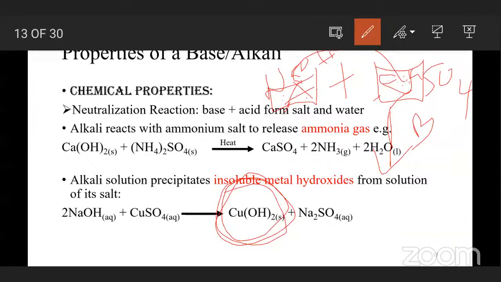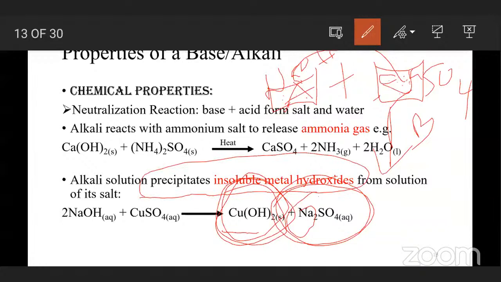That solid particle is copper 2 hydroxide, Cu(OH)2, while you have Na2SO4 still remaining in solution, because this is a sodium salt and it's very soluble in water.